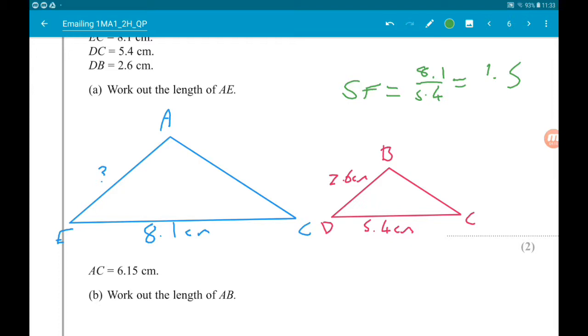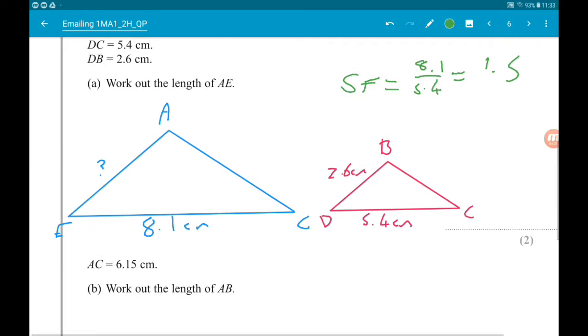So AE is 1.5 times 2.6 centimeters. And that gives us 3.9.